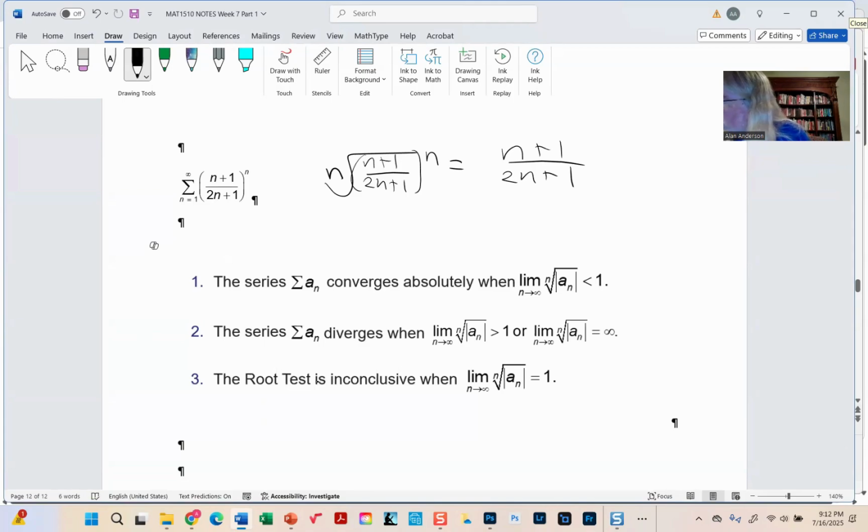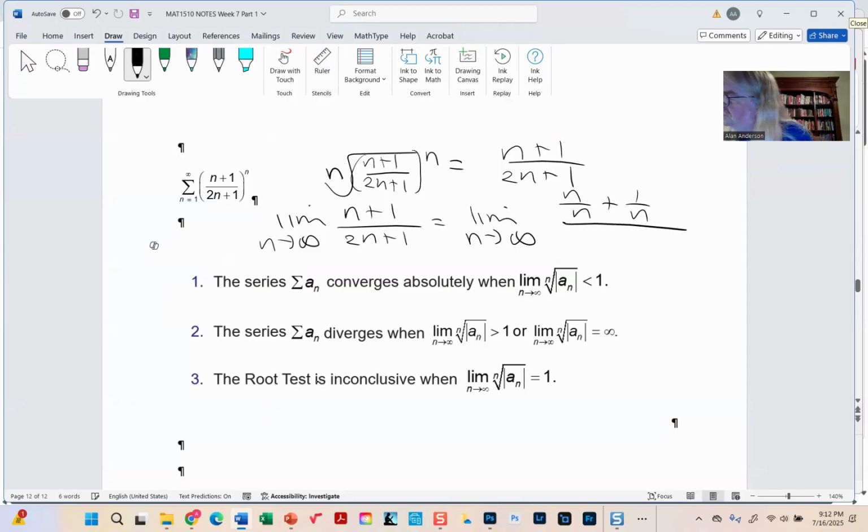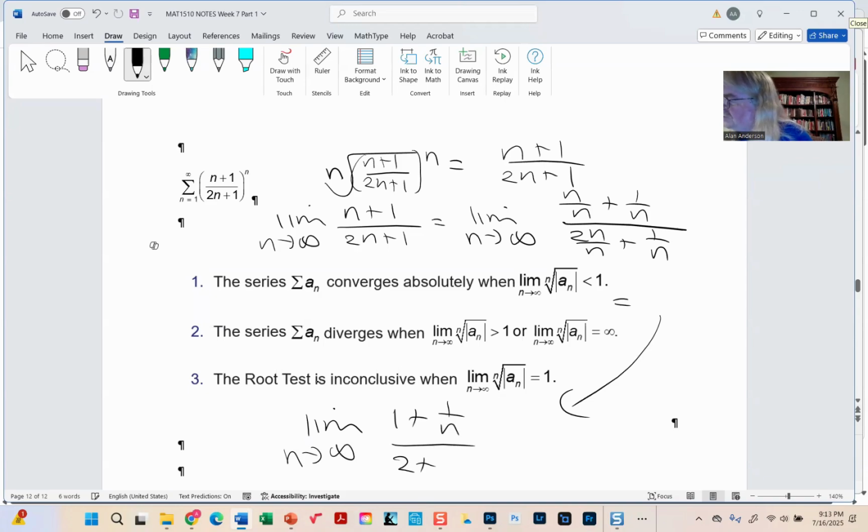And the limit here of this expression, we can divide it out by n, which means it's the limit of 1 plus 1 over n divided by 2 plus 1 over n.